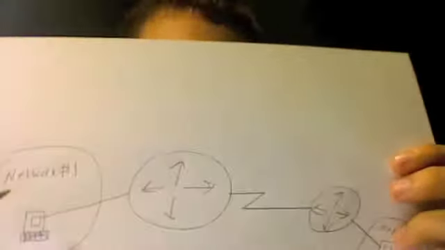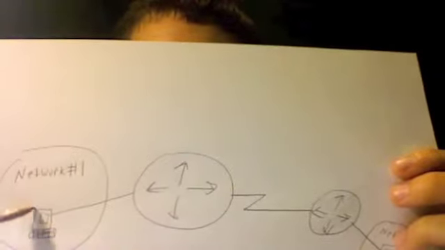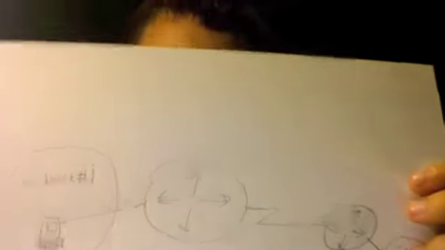Now, our two routers in this diagram will take any messages from network 1 or network 2, depending on who's sending and who's receiving, and make sure it reaches the other network.